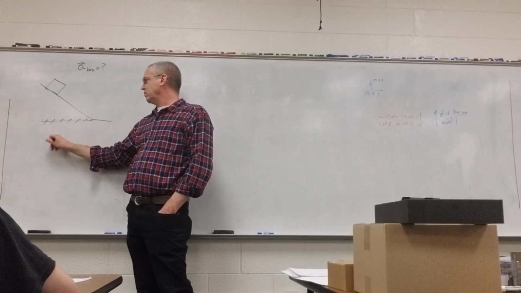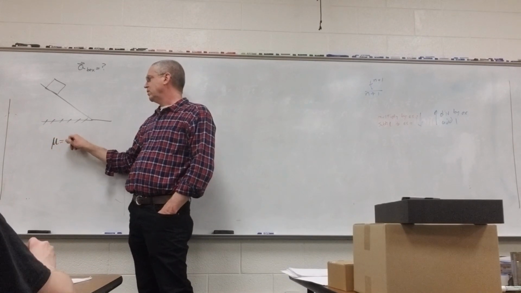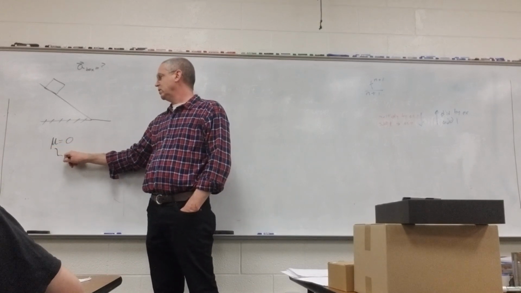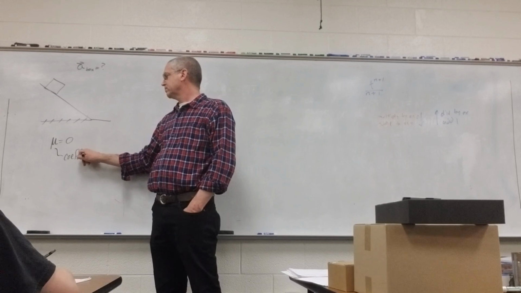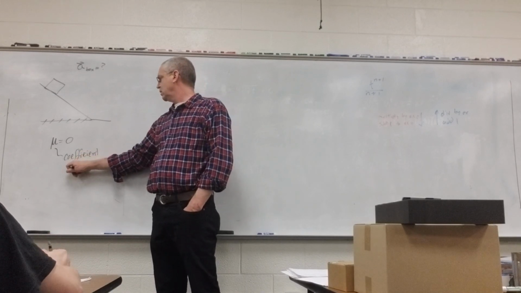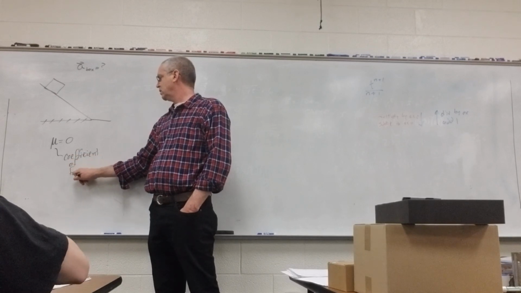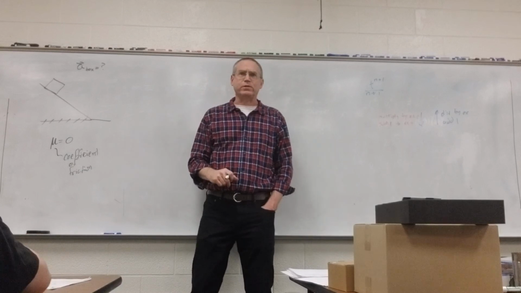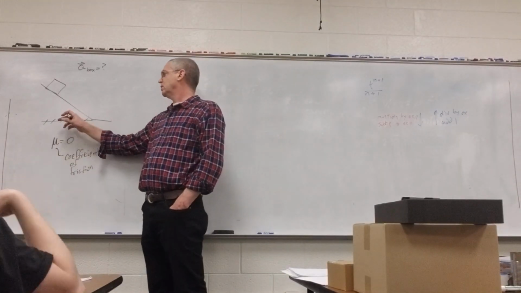At this point, we're going to let the coefficient of friction be 0. The symbol right here is the coefficient of friction. In other words, I'm making the claim that it's frictionless. This is just shorthand notation.